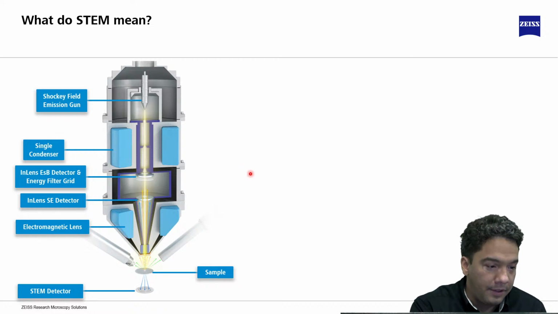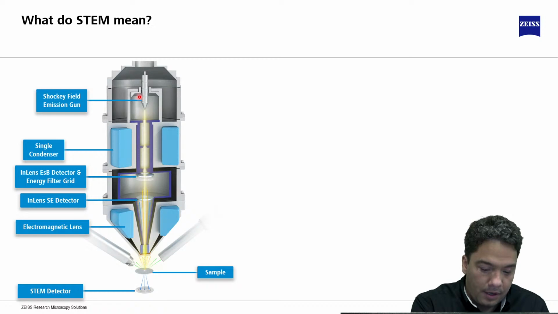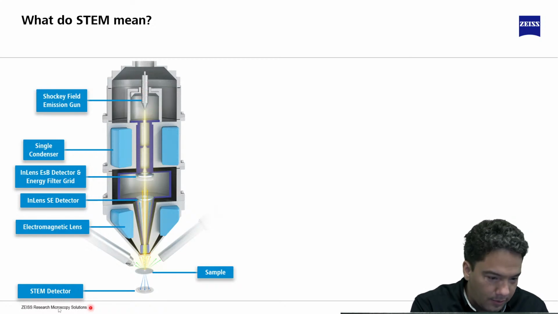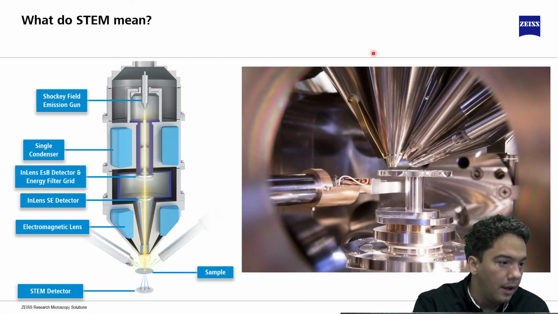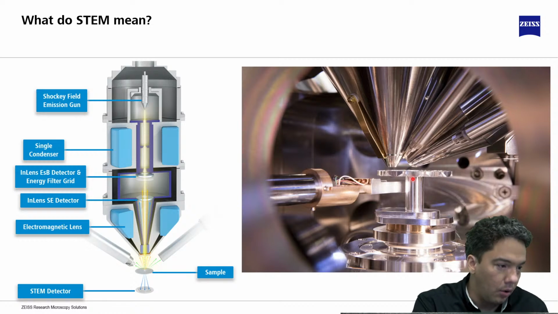Okay, this is how the workflow or the machine looks like, right? But now, how is this in real life? This is the final lens of the column here. We have here the STEM sample holder, or the carousel. We can call it both ways.